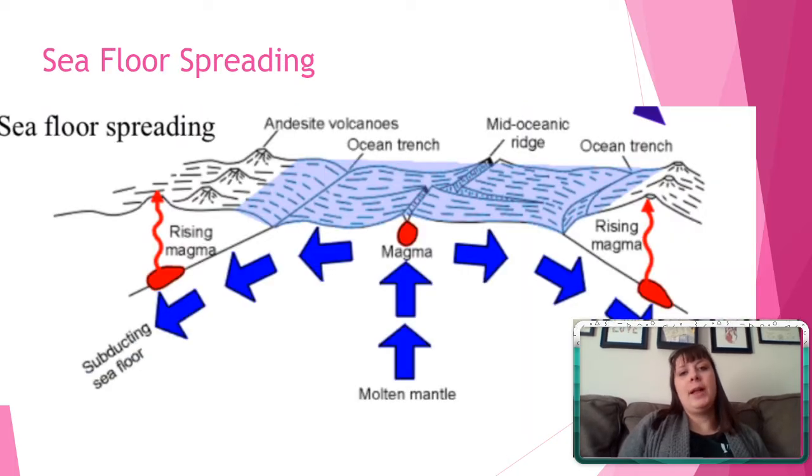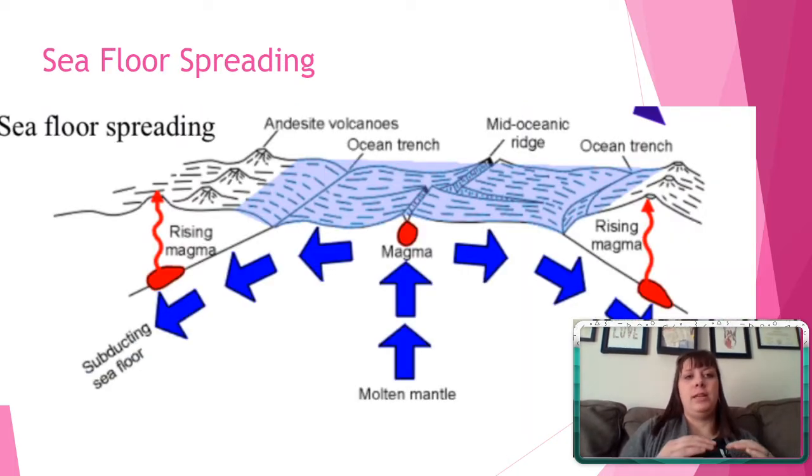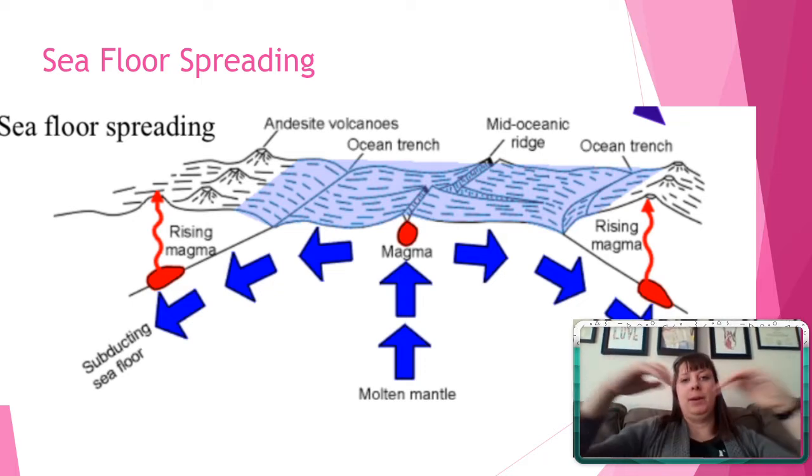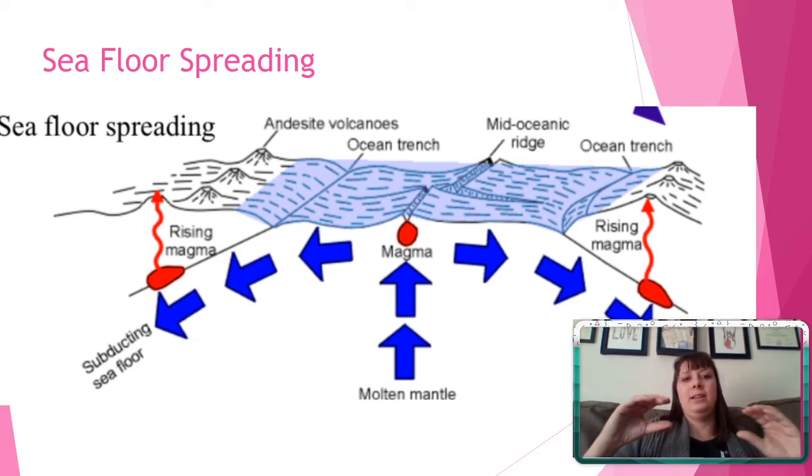All right. So with plate tectonics, we have these pieces of the Earth's crust that are moving. Part of plate tectonics, we see seafloor spreading, where we have new crust coming up through that mantle, becoming magma, splitting it and spreading, making the seafloor bigger essentially.